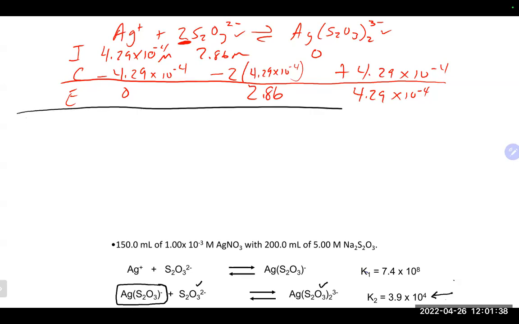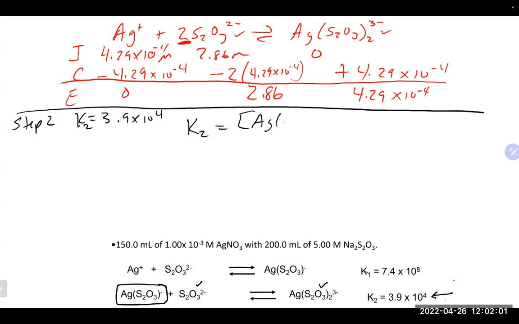So what I'm going to use is the second step and the K value that goes with just the second step, which is 3.9 times 10 to the fourth. I'm also going to use the equilibrium expression for that step, which would be our product over our reactant.